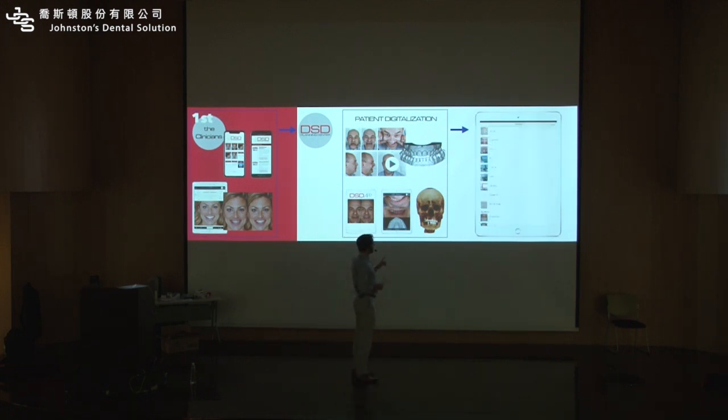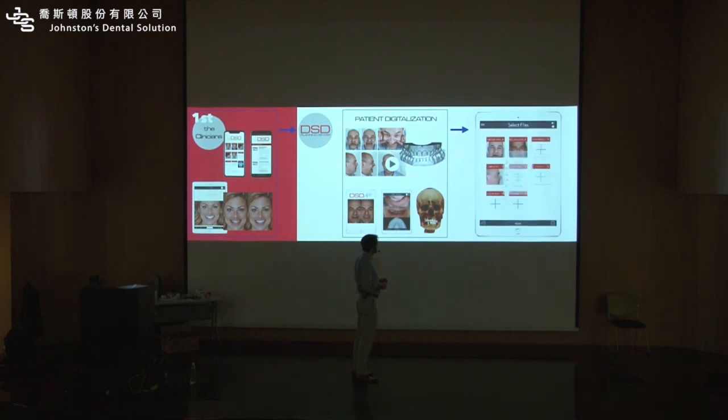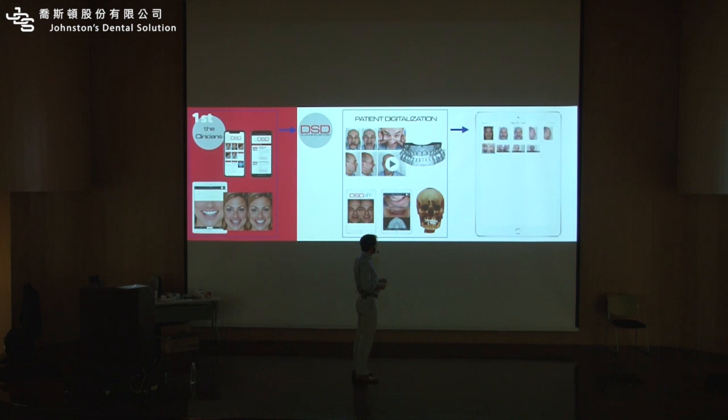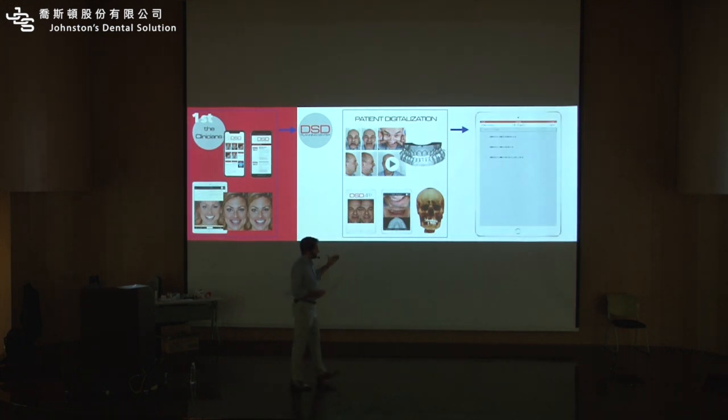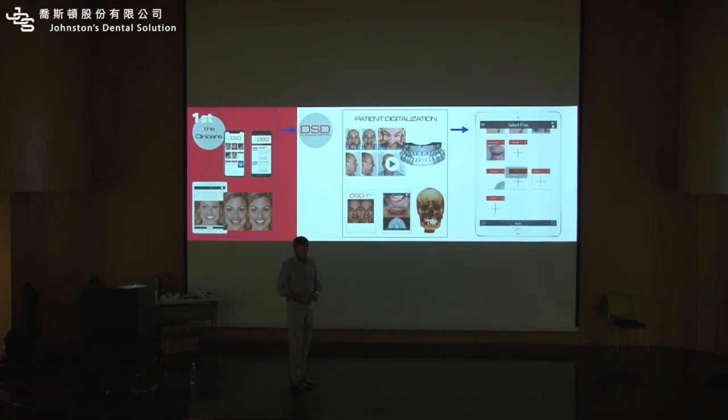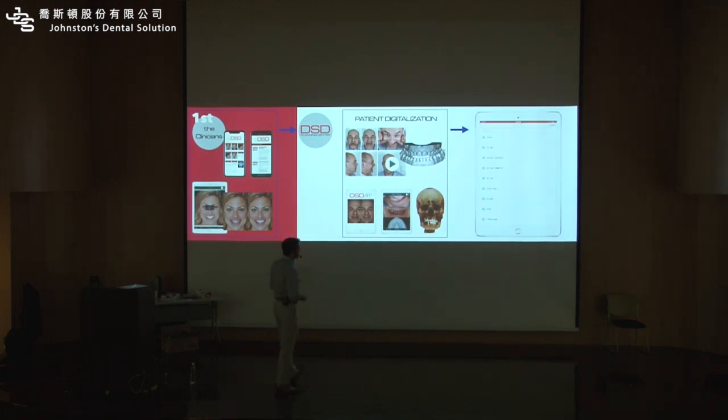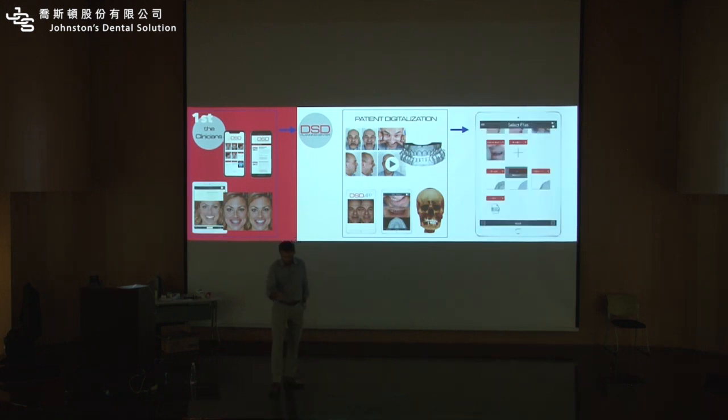I'm taking the photos. So I can either bring the photos from the camera roll, or I can take the photos right there from the patient. Okay, we're going to show this. Now I'm bringing the STL. So I scan the patient with my intraoral scanner.